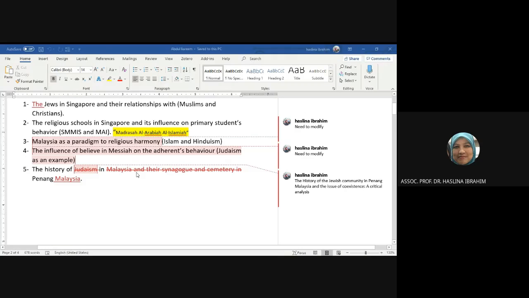If you don't correct it when you submit for thesis examination, my office will reject it because it has a problem. Why are you not standardizing? Some use capital letters, some use small letters. It cannot be like that. It has to be standardized.